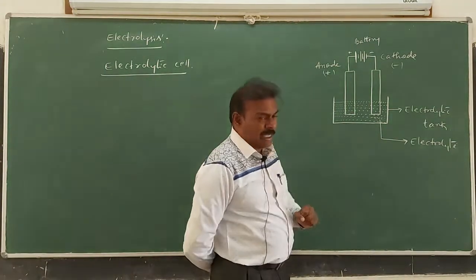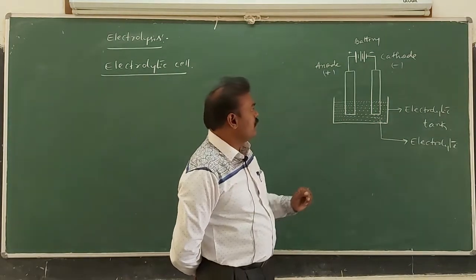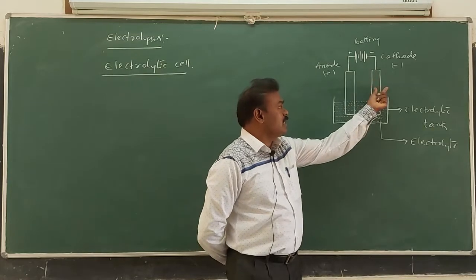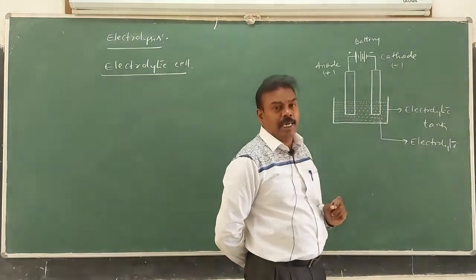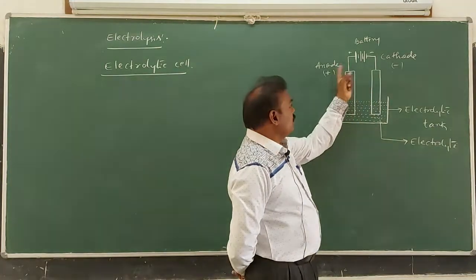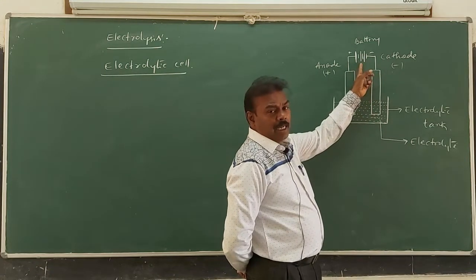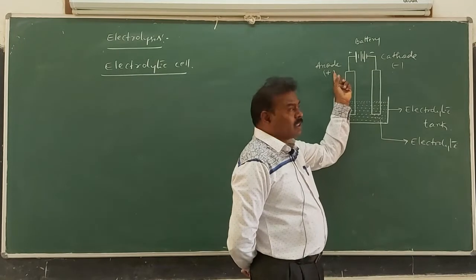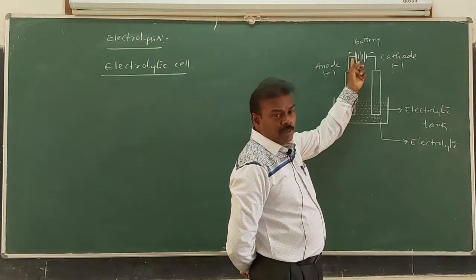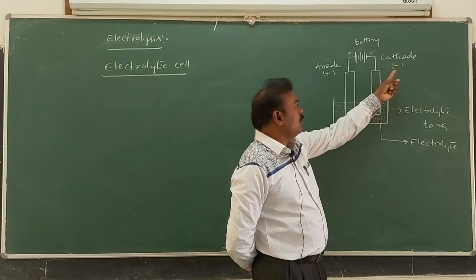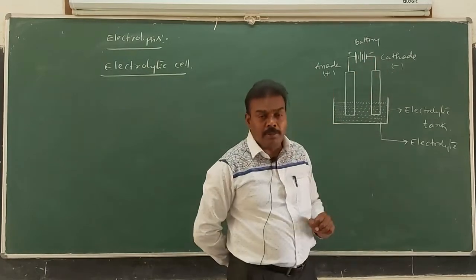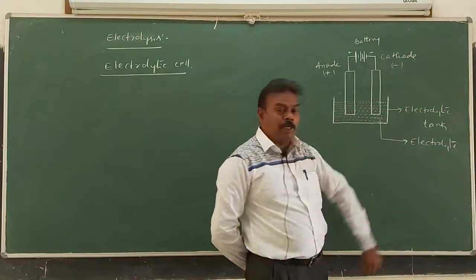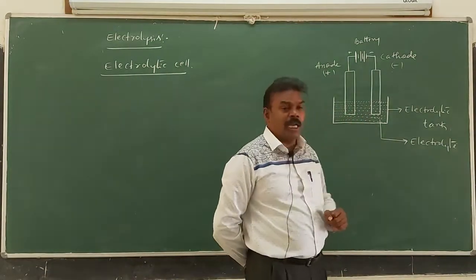In this diagram there are two electrodes, the anode and the cathode. These two electrodes are connected to the battery as shown in the diagram. The anode is connected to the positive terminal of the battery and the cathode is connected to the negative terminal of the battery. The two electrodes are kept in the solution of an electrolyte.